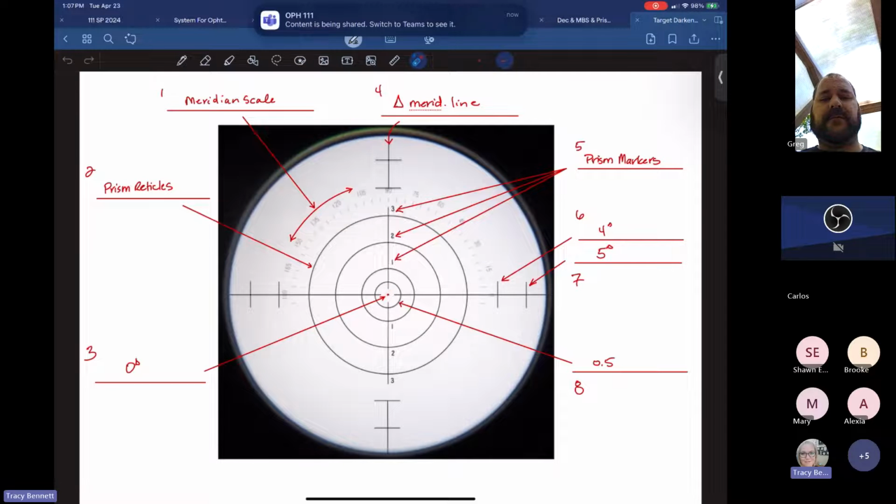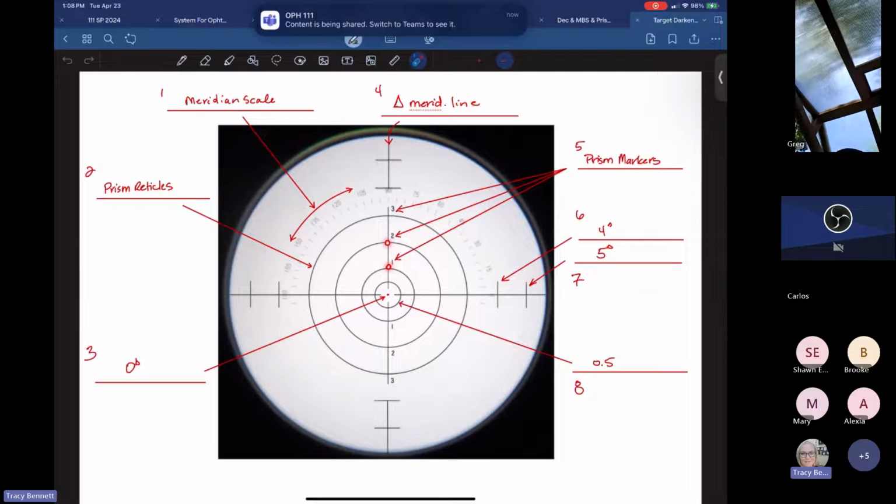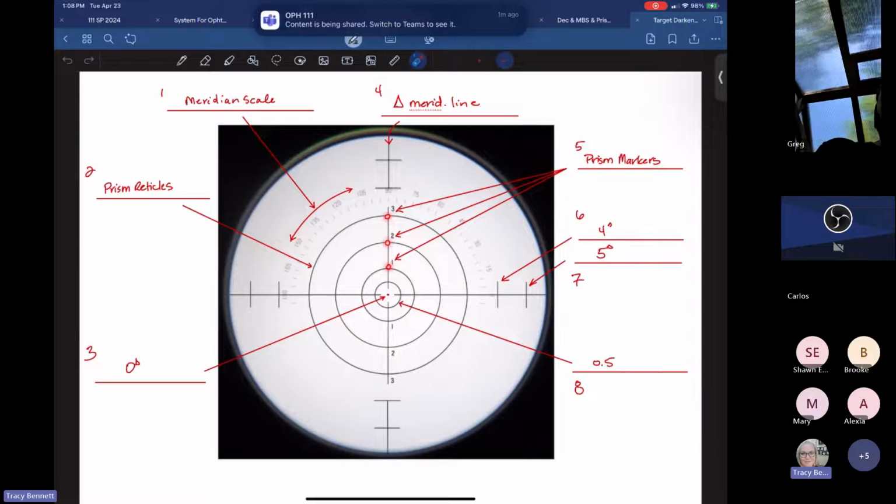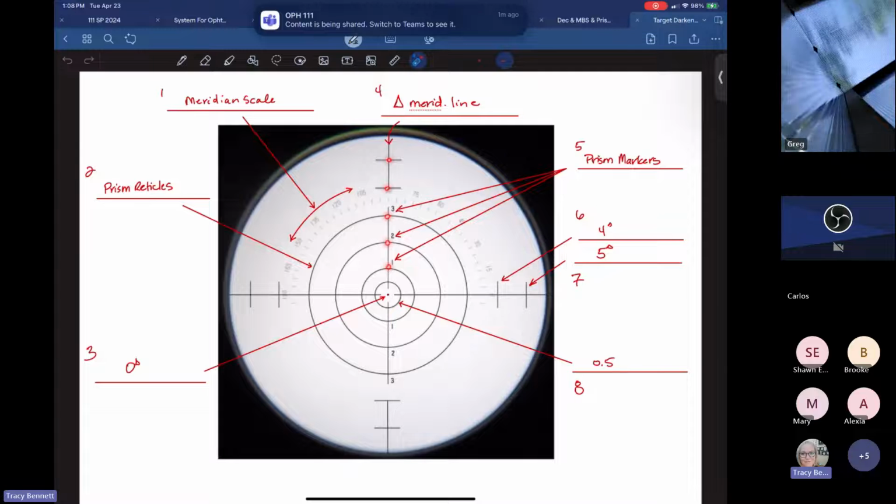At this point, we have 0 diopters of prism. These circles all around are showing progressive amounts of prism: 1 diopter of prism, 2, 3, 4, and 5. It goes the same way down the other way as well, 4, 5, and out this way, 1, 2, 3, 4, 5.